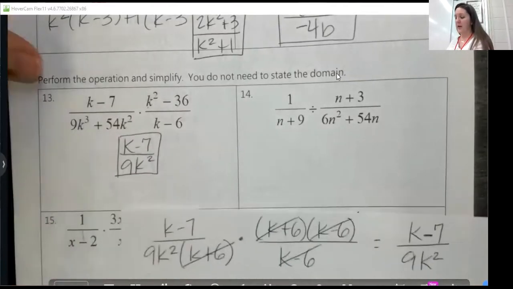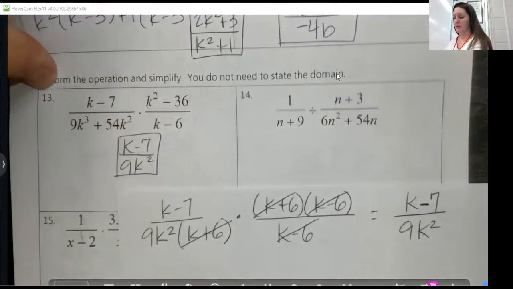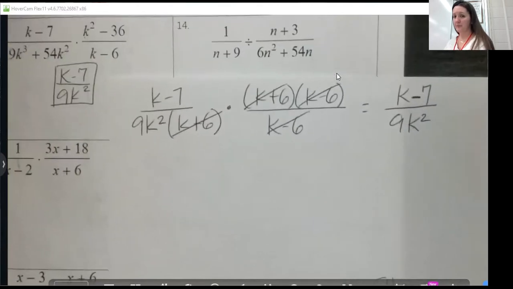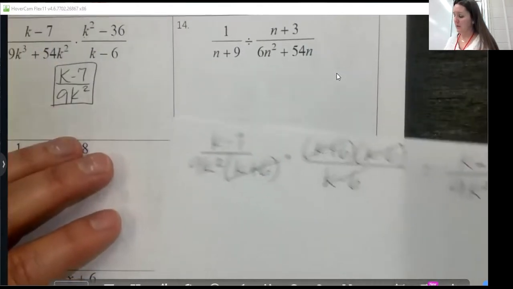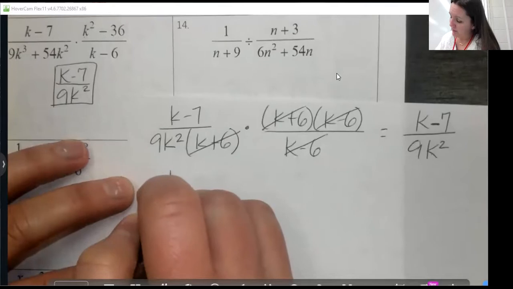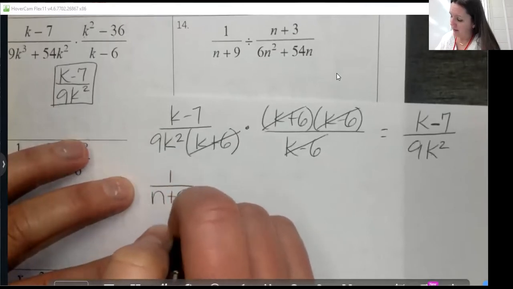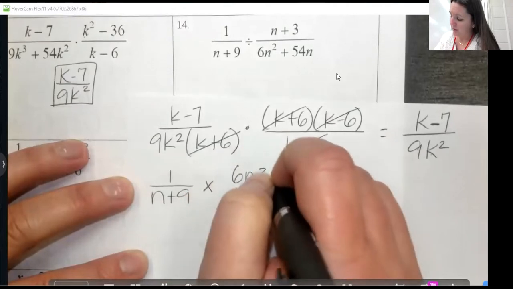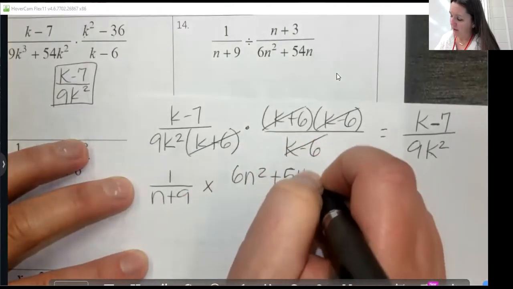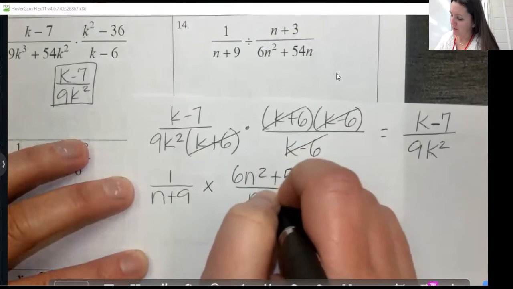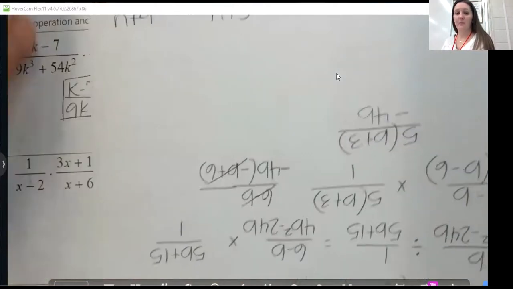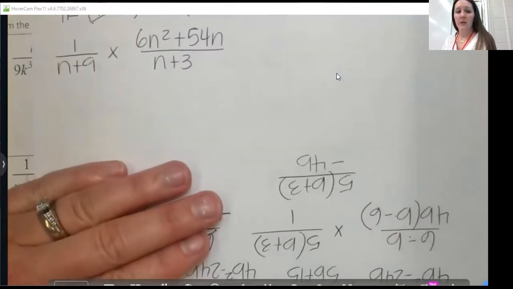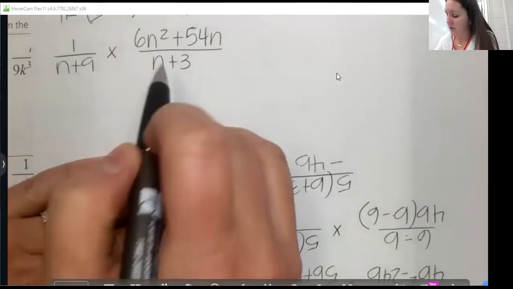All right, dividing, we know we have to multiply by the reciprocal of the second number. So we are going to write it down: 1 divided by n plus 9, and I'm going to go ahead and multiply by 6n squared plus 54n divided by n plus 3. All right. This is already factored. This is already factored.